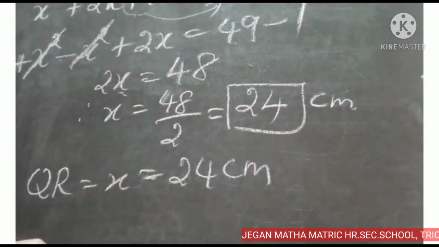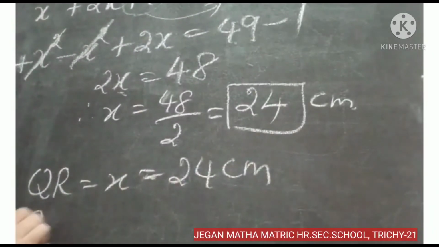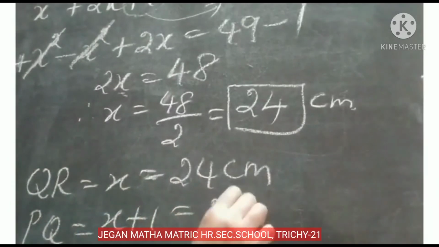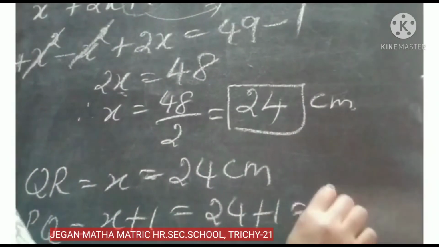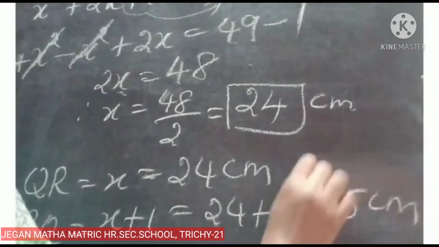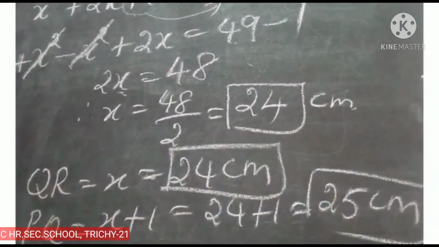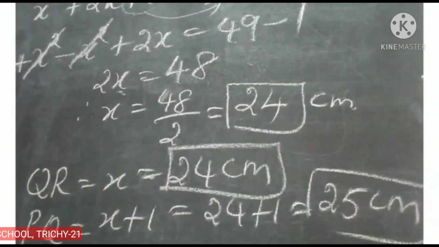Then the other side, the hypotenuse PR equal to x plus 1 equal to 24 plus 1 equal to 25 centimeter. This is the value of both sides, QR and PR. Okay, is it clear?